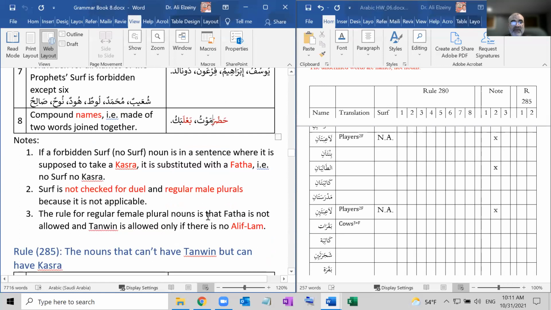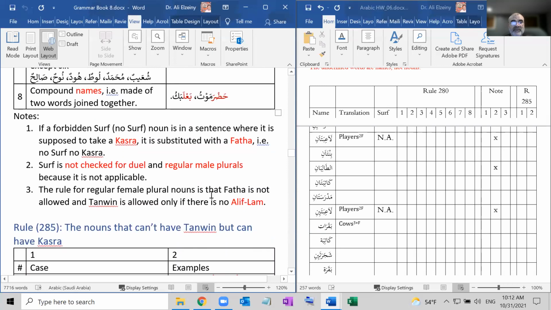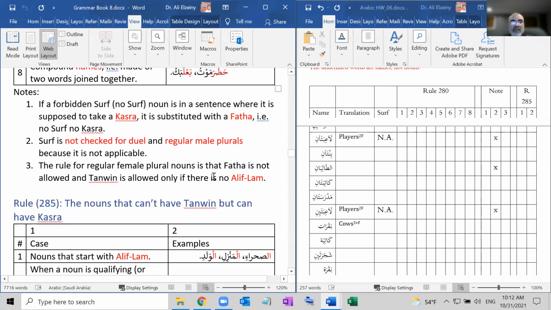Okay, so sarf is allowed if there is no alif lam. Of course, that's the rule. If there is no alif lam, then tanween is not allowed for anything, for all kinds of count and gender.